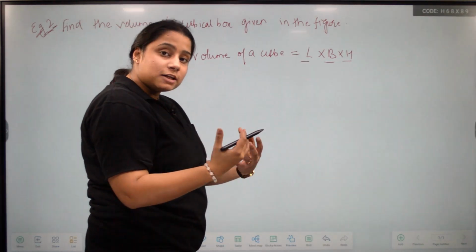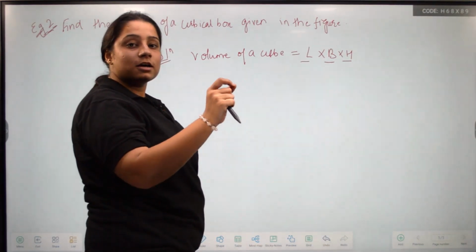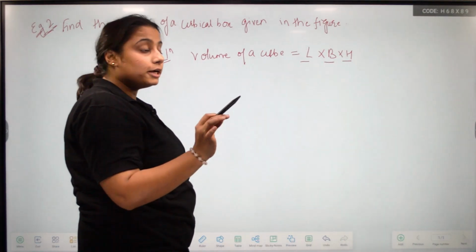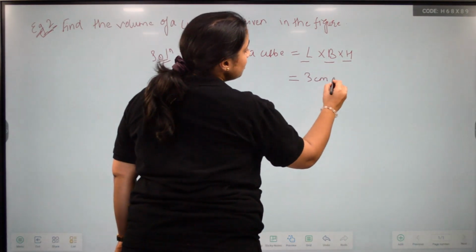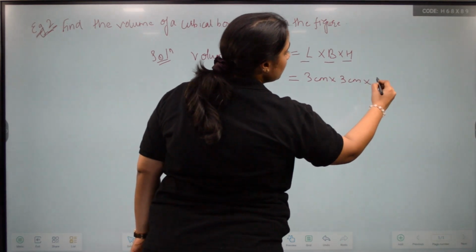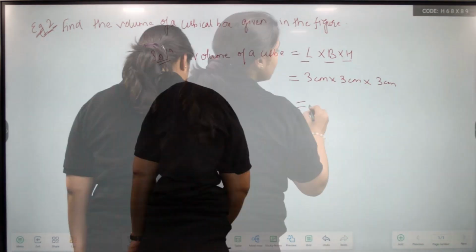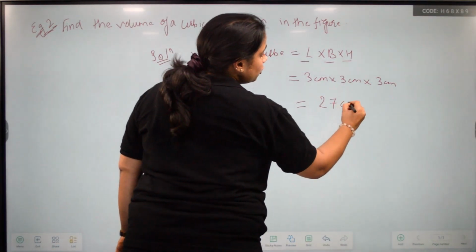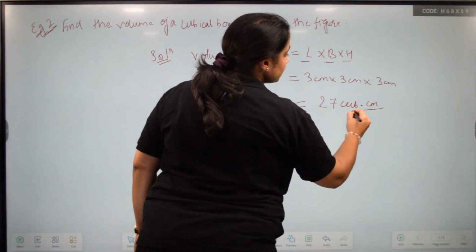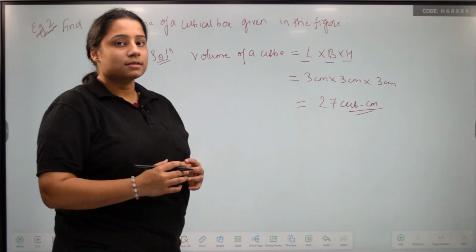So we can also write the formula for the volume of a cube as side into side into side. Here the length is 3 centimeter. The breadth will also be the same, 3 centimeter, and height will also be 3 centimeter. So it is 27 cubic centimeters. Hence this is our required answer.